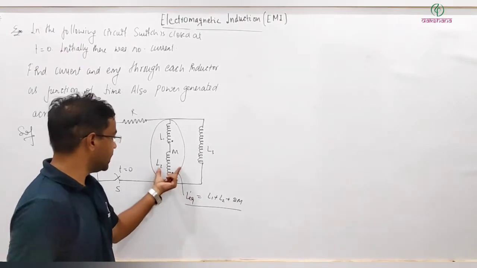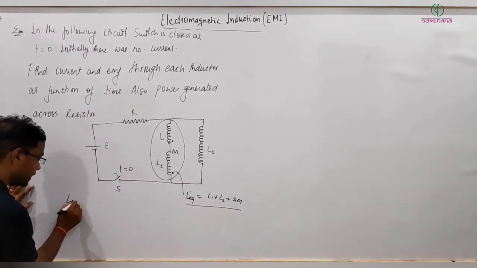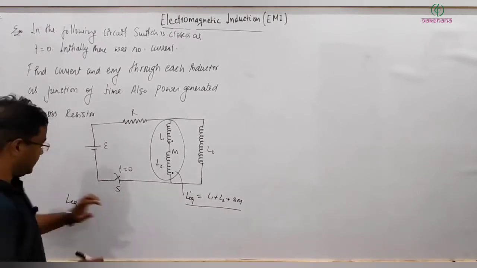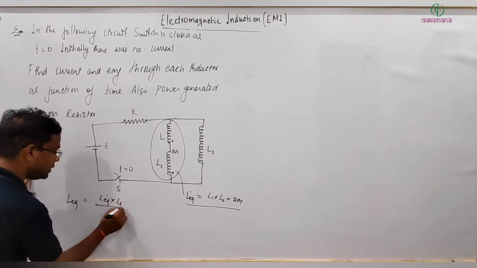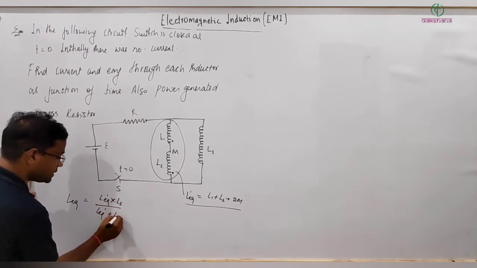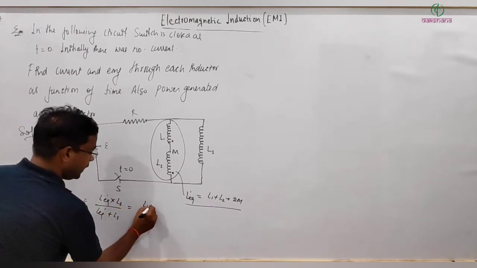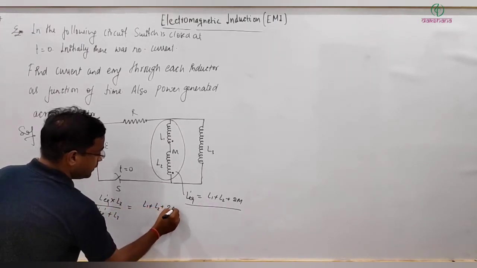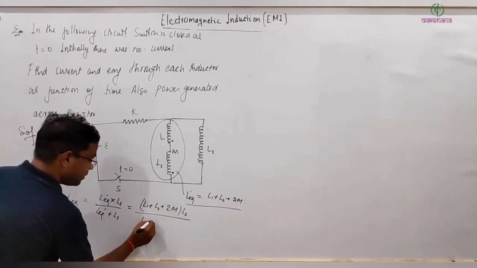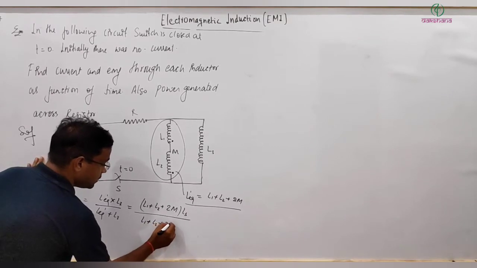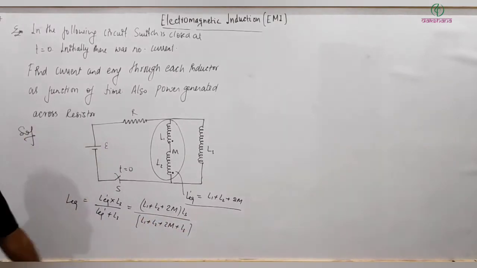Now this and this are in parallel, so I can write L equivalent net as L equivalent prime into L3 divided by (L equivalent prime plus L3). Substituting the values, I get (L1 plus L2 plus 2M) multiplied by L3 divided by (L1 plus L2 plus 2M plus L3). So this is L equivalent.